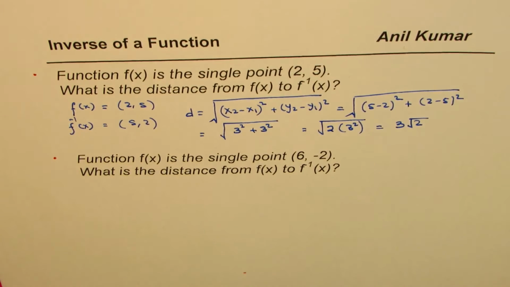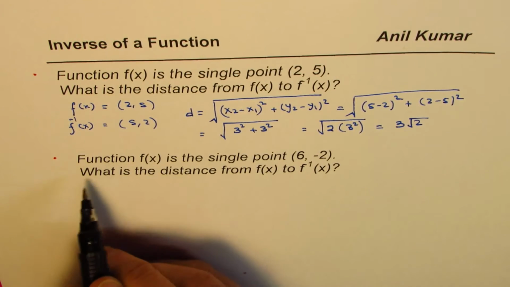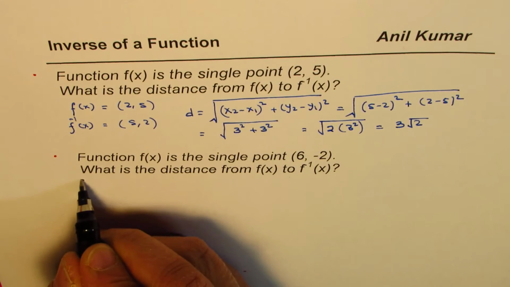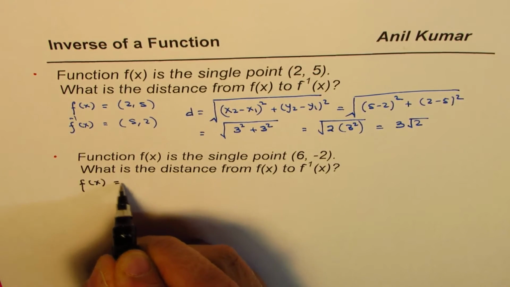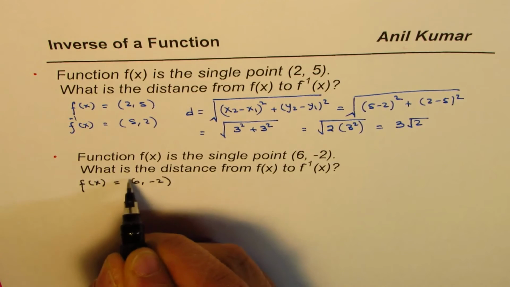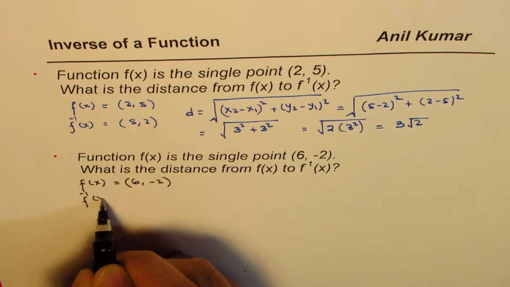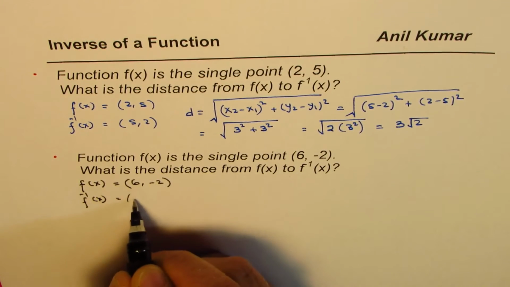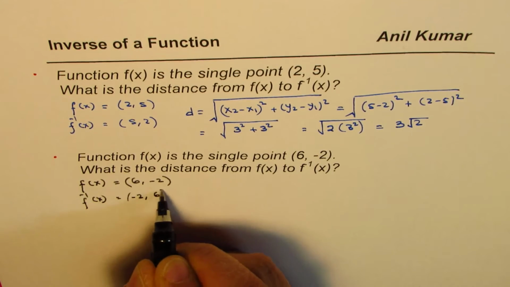So let's do it. Now in the second question, what do we have? f of x is a single point, so we'll have f of x equals (6, -2). f inverse x will be what? Just swap x and y, right? So we get (-2, 6).